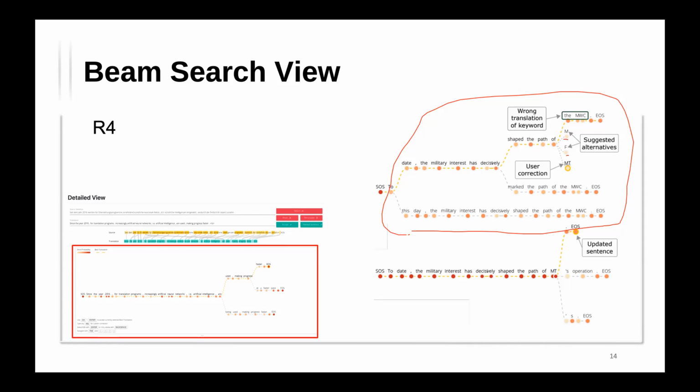Yeah, because I believe there are sentences showing the user correction, right? Oh, okay. So that means that when the user corrects the original sentence or the output sentence, it will merge such a correction into the tree. That's just my hypothesis. You mean if they correct the sentence here?